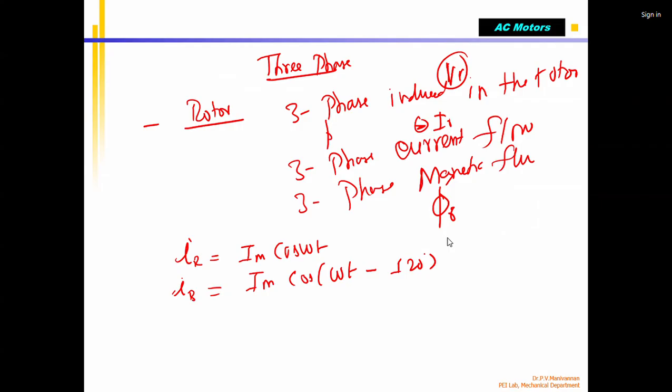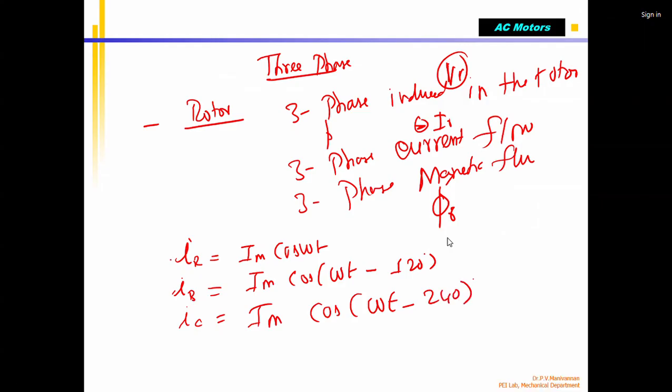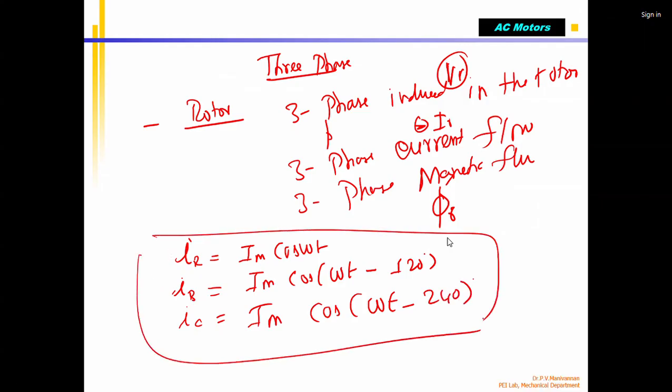So the current induced in the rotor will be the same, three-phase, shifted by 120 degree with respect to each phase. This is the three-phase current going in the rotor.